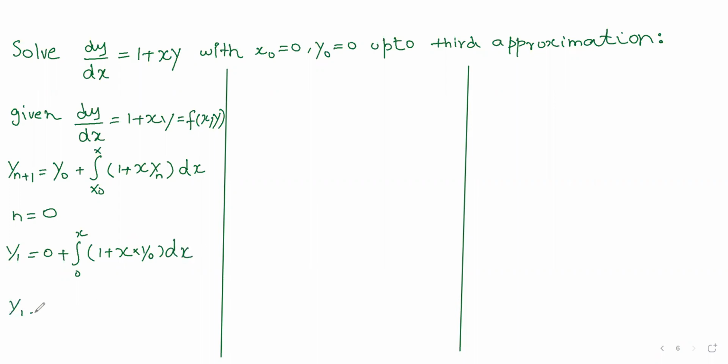Then y1 is equal to 0 plus the integral from 0 to x, and this is equal to 0, so our equation will become 1 dx. y1 will be equal to x only. And this one will be your y1.